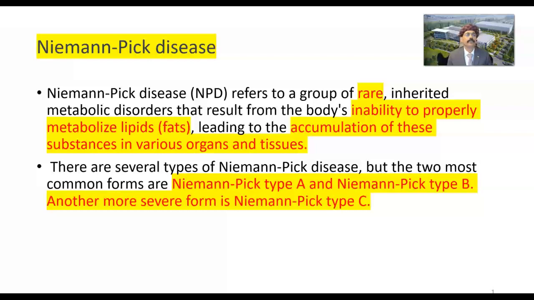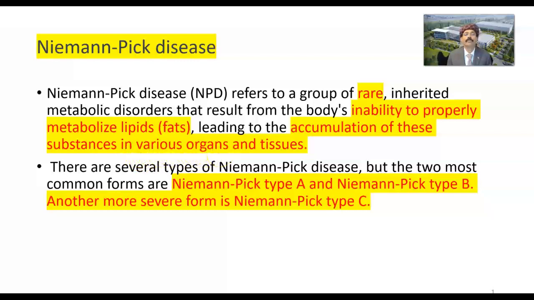Niemann-Pick disease. What is Niemann-Pick disease? Niemann-Pick disease refers to a group of rare inherited metabolic disorders that result from the body's inability to properly metabolize lipids, that is fats, leading to the accumulation of these substances in various organs and tissues.